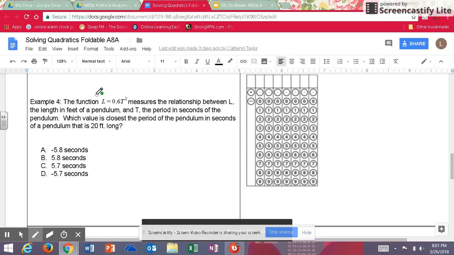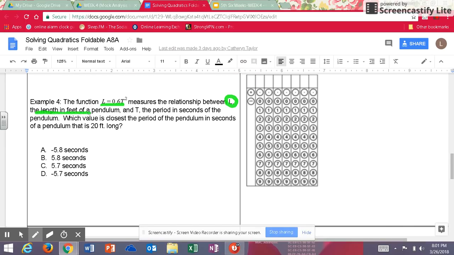Okay, so it says the function L equals 0.6t squared. Okay, that function's probably going to be important. Measures the relationship between L, the length in feet of a pendulum. So guys, right there, they've just defined L. They said L is the length in feet of a pendulum.